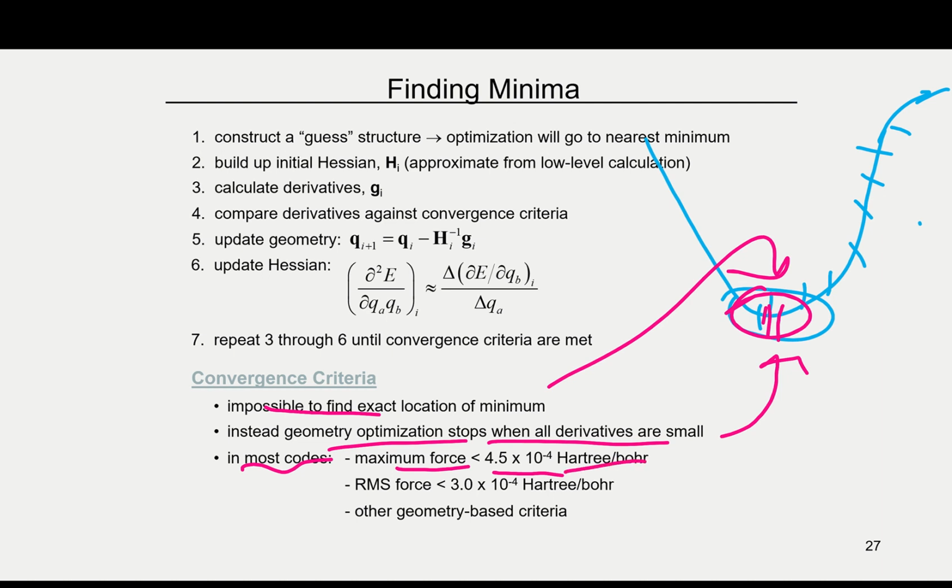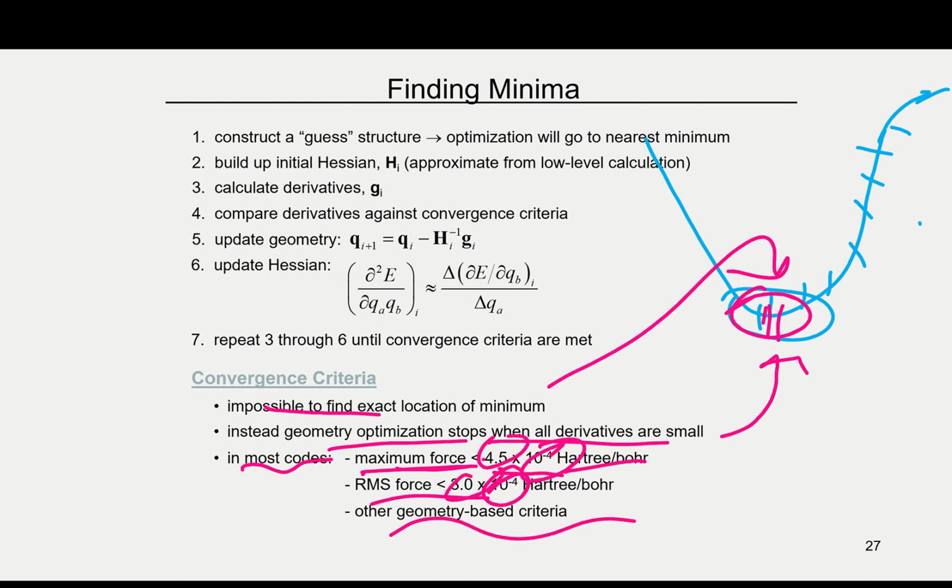We have four criteria: maximum force, RMS force, and two for displacement. The maximum force is 4.5 times 10 to the power minus 4 Hartree per Bohr, and the RMS force is less than 3.0 times 10 to the power minus 4. You should remember this.